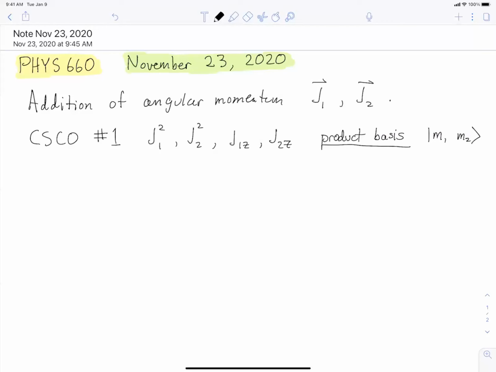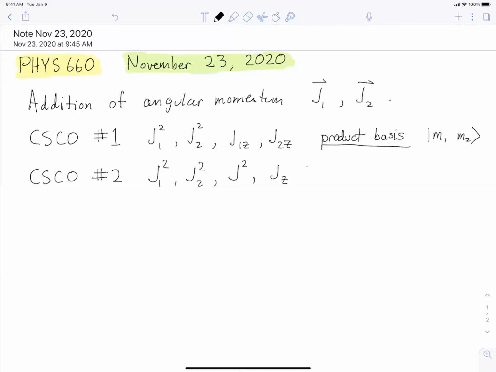And the idea is we don't have to write J1 and J2 because that's going to be the same for any CSCO. So for example, a complete set of commuting observables number two is J1 squared, J2 squared, but instead now we take J squared, the operator for the total angular momentum squared, and J sub z.